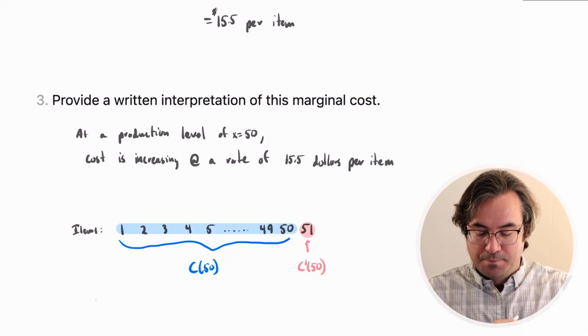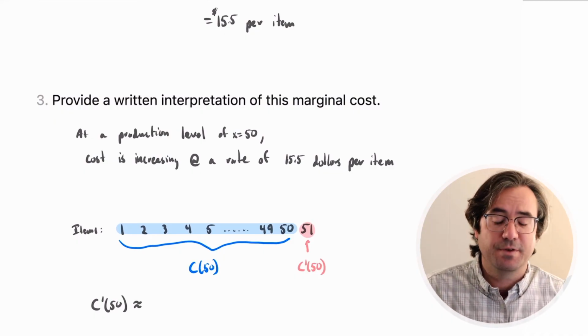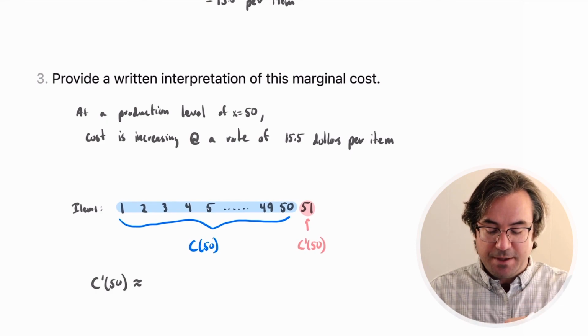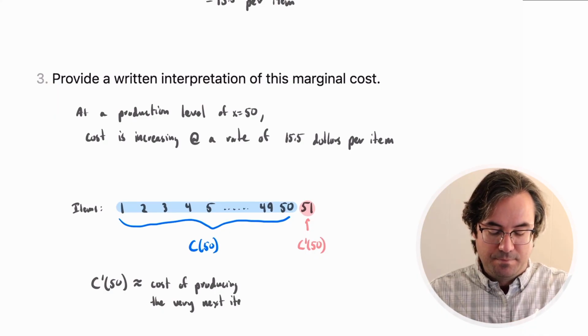So we can interpret this C prime, this marginal cost evaluated at 50, to be the cost of producing the very next item. In this case, item 51.